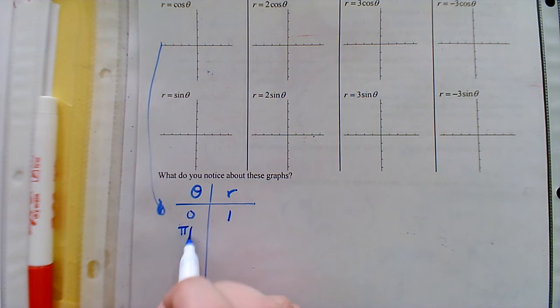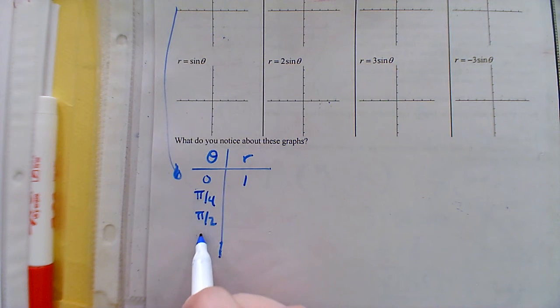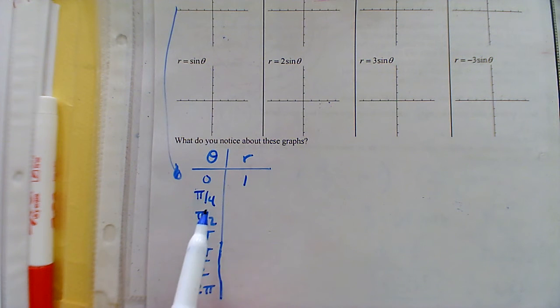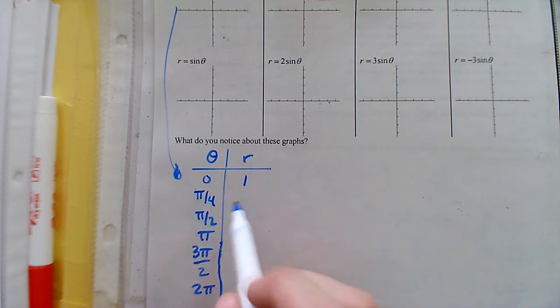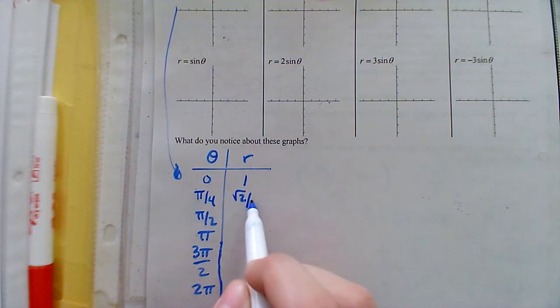Actually, let's also use pi over 4, just because that ordered pair is pretty easy. We'll use the other easy ones, not necessarily the over 4 values. What about cosine of pi over 4? From the unit circle, that would be square root of 2 over 2.